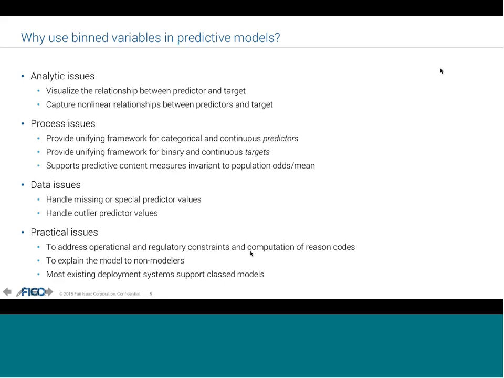And when an analytic solution or empirically derived solution is used to make that decision, those come from the model as reason codes. It's also very easy for a non-modeler to look at a scorecard and get a really good grasp of what the underlying data is saying. And it's also, most systems are already set up to deploy class models.